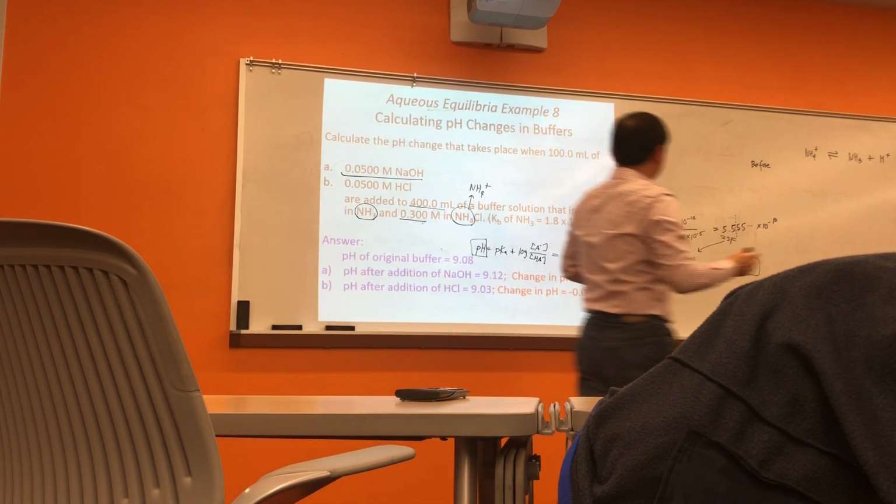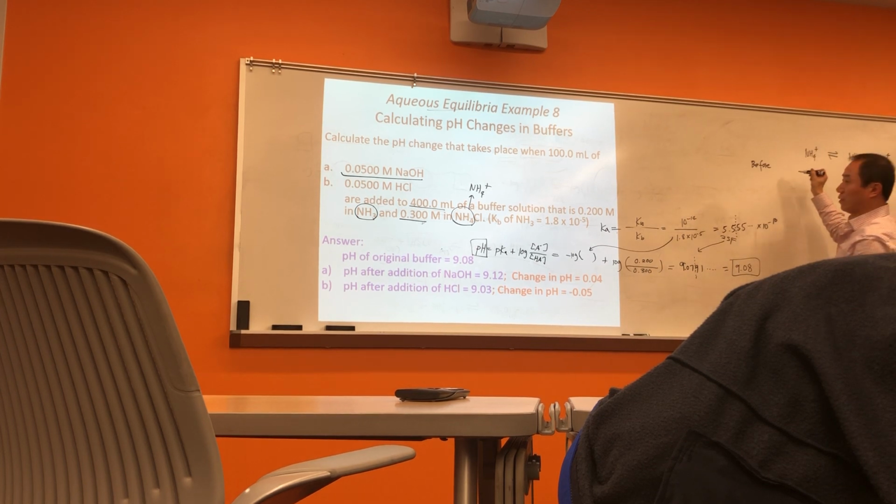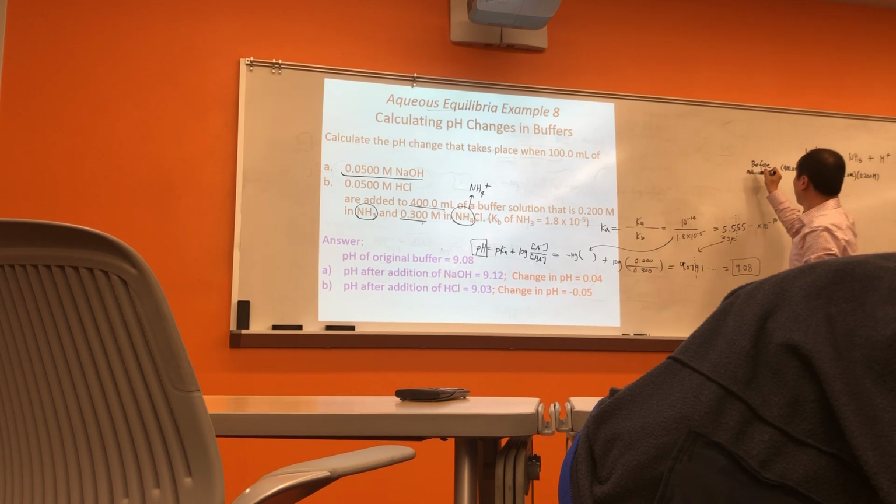So if I multiply, I have 400 milliliter times 0.300. I have that amount of ammonium. What about ammonia? 0.200 in the same amount of solution. So this is before adding NaOH.